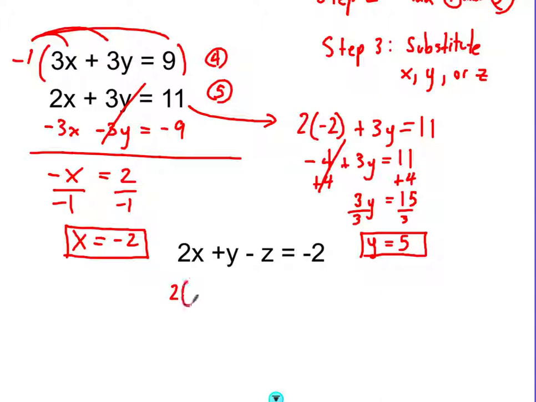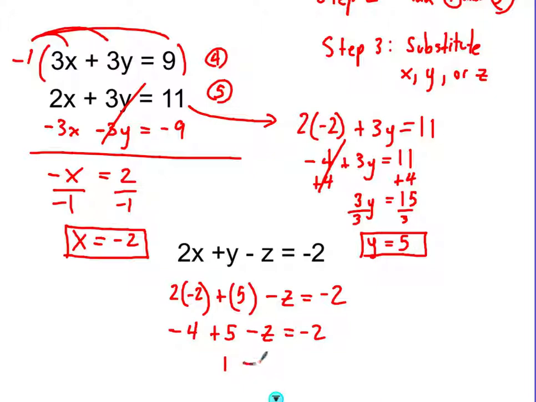So we're going to substitute negative 2 in for x, and substitute in 5 in for y. Let's go ahead and calculate this. Negative 4 plus 5 is 1.